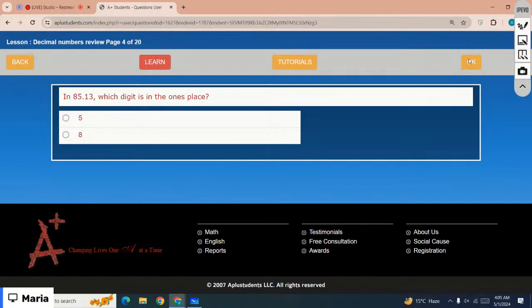The correct option is 5. 5 is the digit that is at the ones place. The correct option is 5.